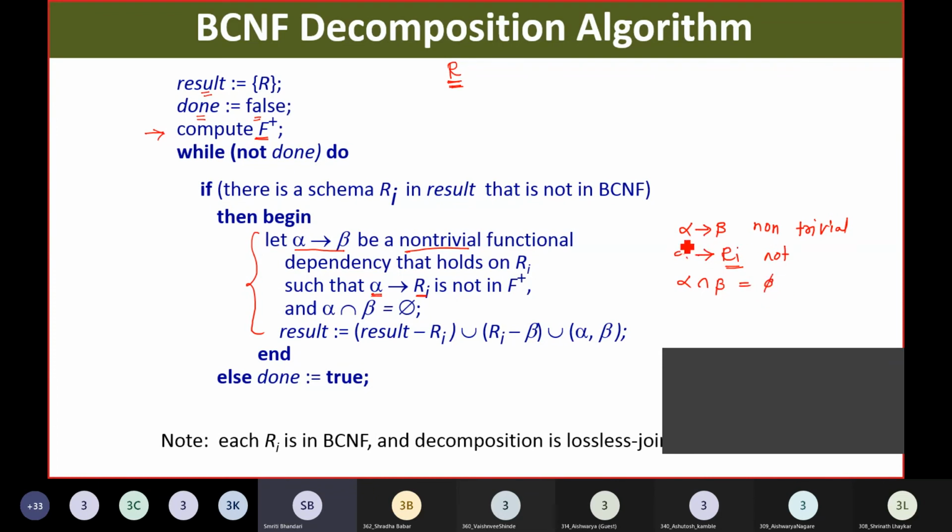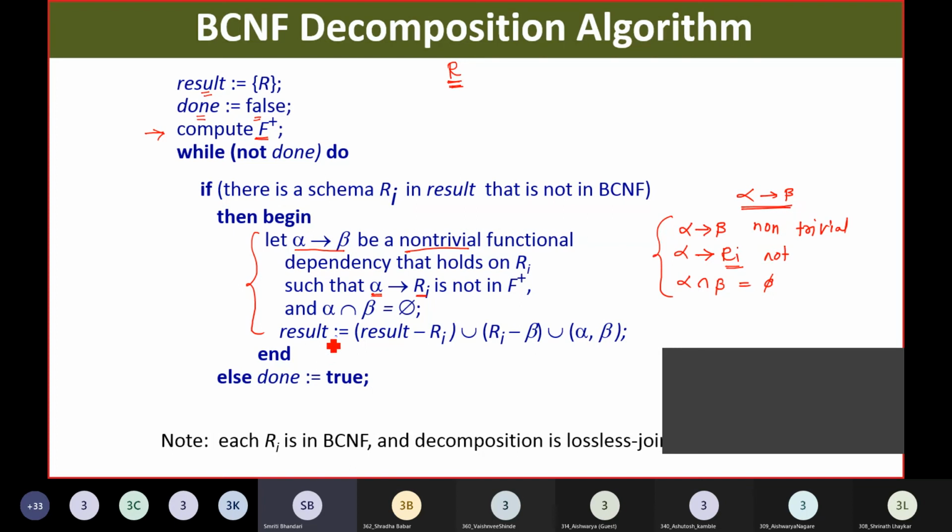That means there is no common attribute in the left hand side and right hand side of the dependency. If these conditions are true for a particular dependency alpha to beta, then we may say that this dependency is violating our norm. And that is why, by making use of this dependency, we are going to decompose our relation.